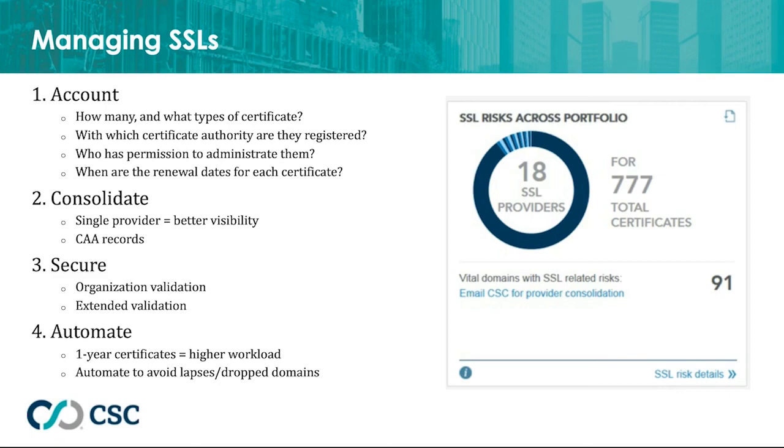For secure, it's important to consider the validation level of your digital certificates and the impact it has on your consumers and their confidence in the security of your sites. At CSC, we recommend considering organization validation, or OV, certificates for your vital domain names, as these go through a 3-step verification process.